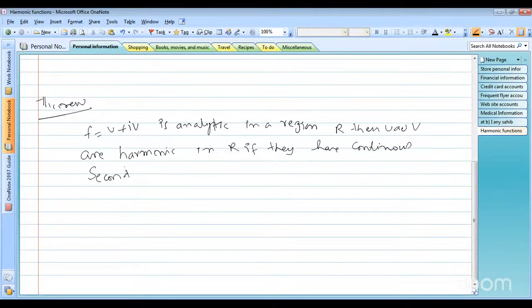Second partial means first derivative f', second derivative is f''. Second partial derivatives in R.